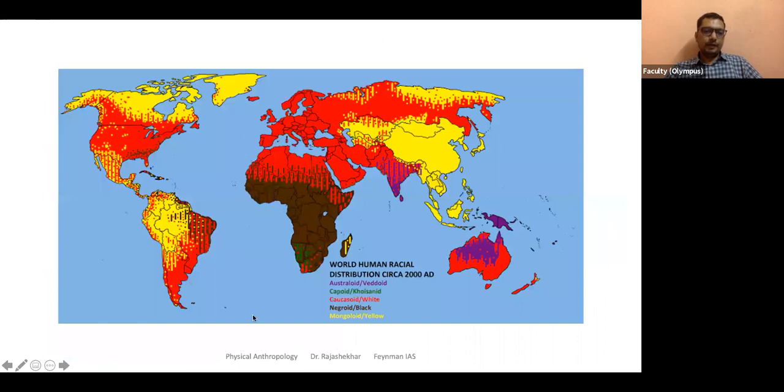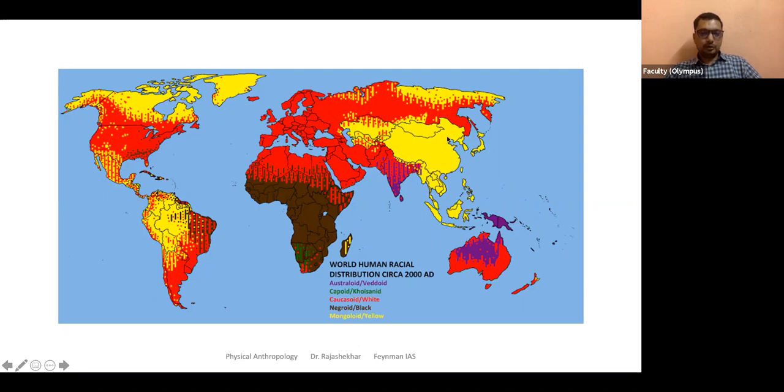They live in different parts of the world. So Caucasoids in red color are in many regions of the Americas, for example, Africa, part of Australia, part of Asia, and Europe. Most of the European countries are there, plus some other countries in the Americas and a bit of Asia and Australia.